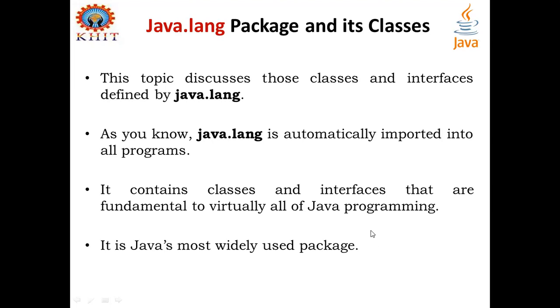Those classes and interfaces are automatically imported into your program, and you can directly access those methods to act on your code or data. It is Java's most widely used package, used in all programs automatically.